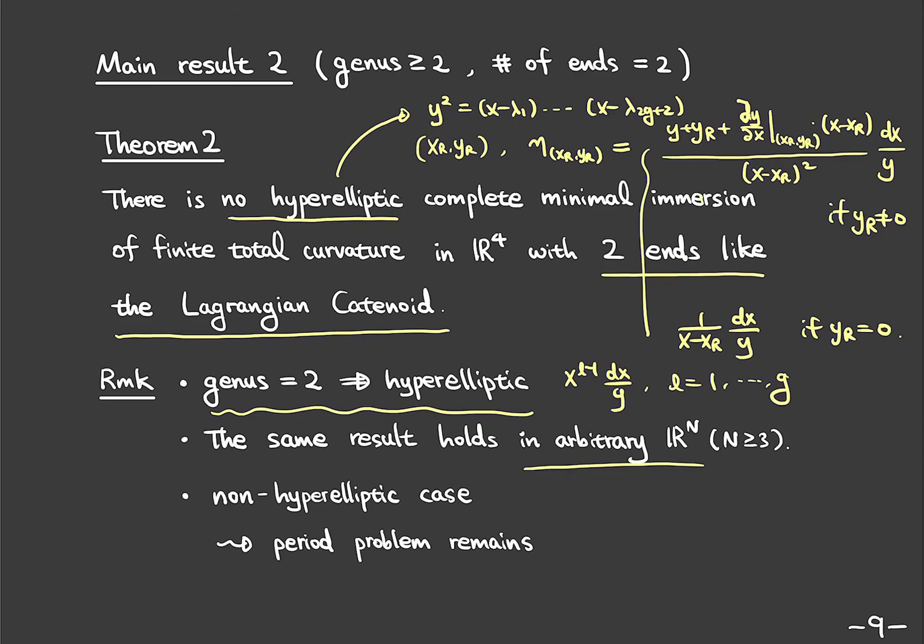And for the non-hyperelliptic case, we are not able to prove all cases by algebraic method, and some period problems remained. For example, let the genus be 3.